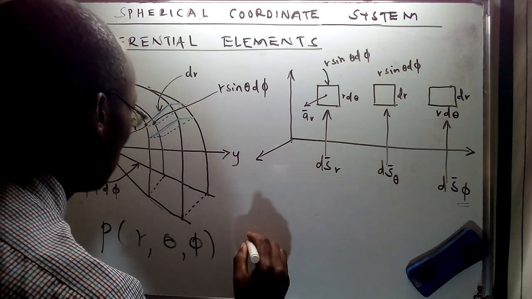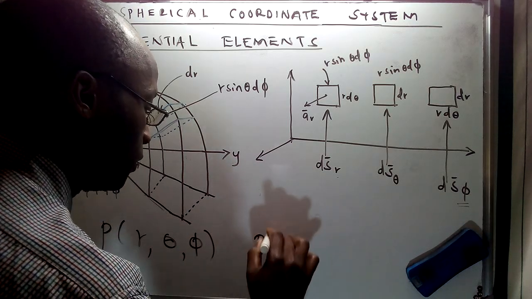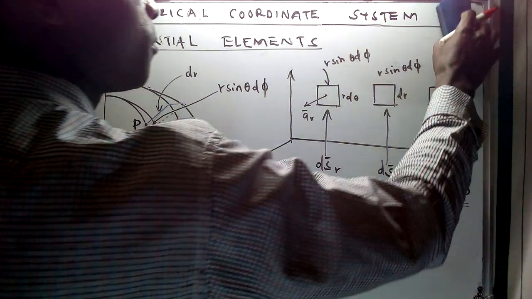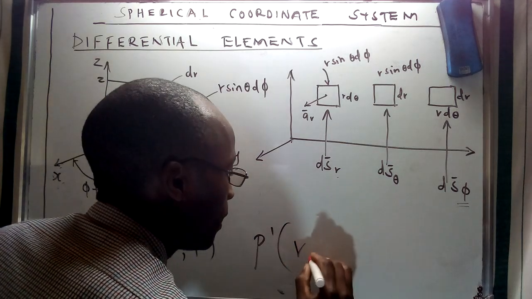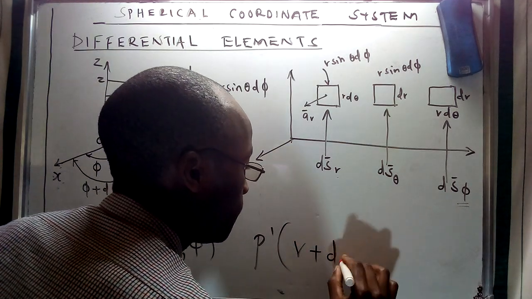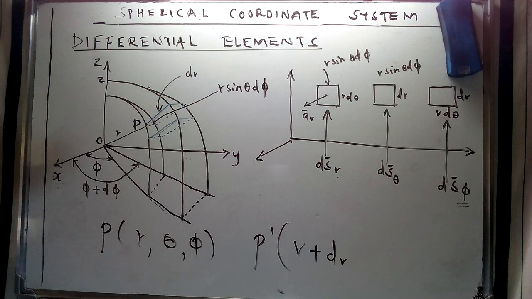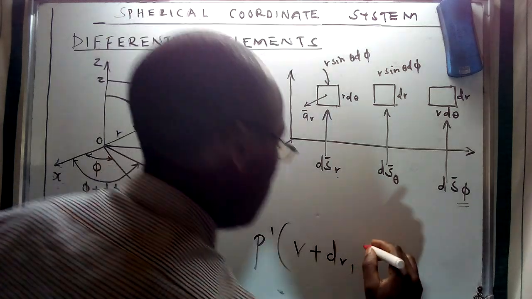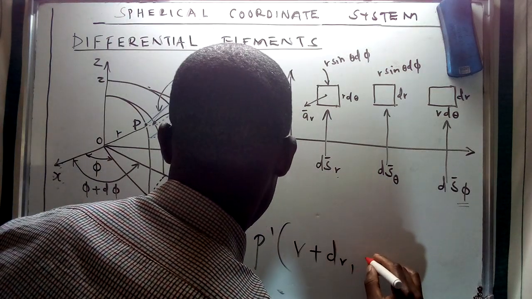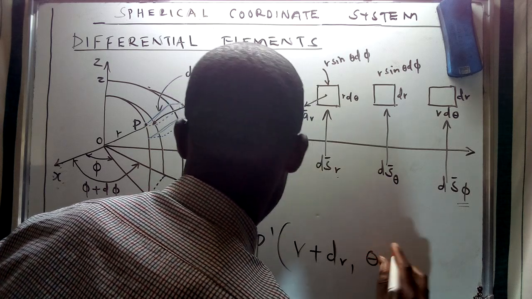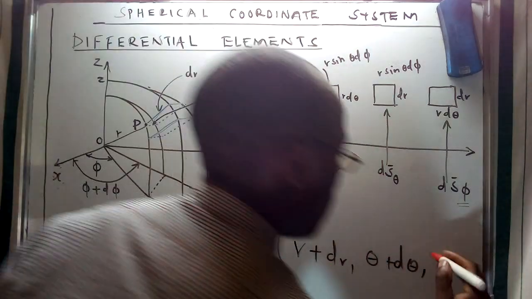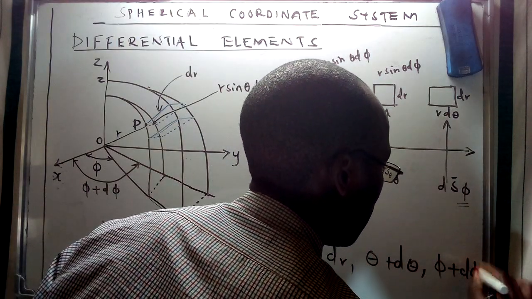So this is going to move in this specific direction. The increment is going to be given as a point P prime, and we can denote the various coordinates for this specific point: r plus dr given as an increment in the r direction, and then we have the angular extension for P, theta plus d theta, and the last one, phi plus d phi, given as such.